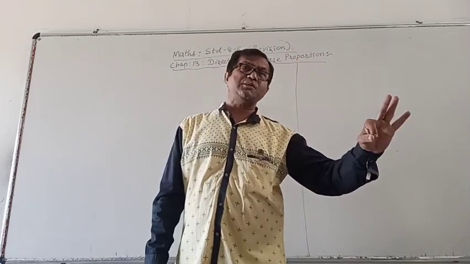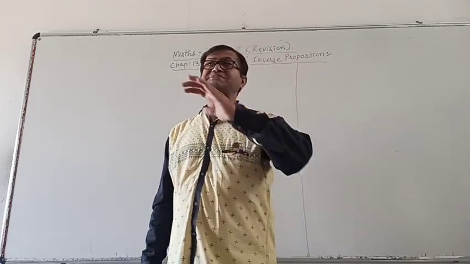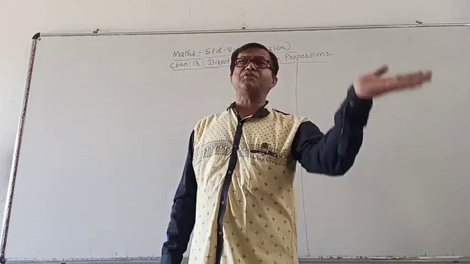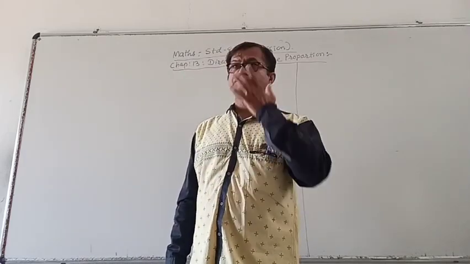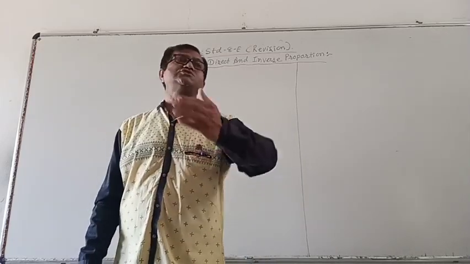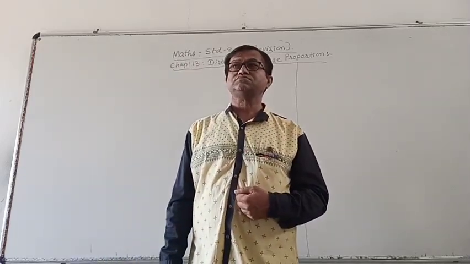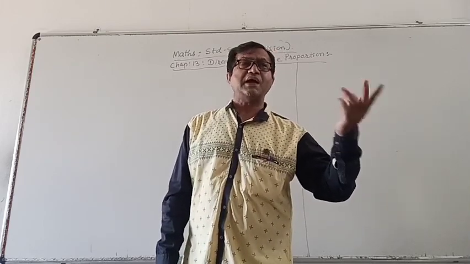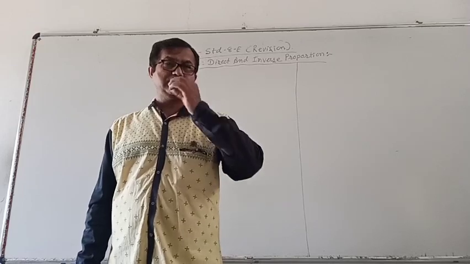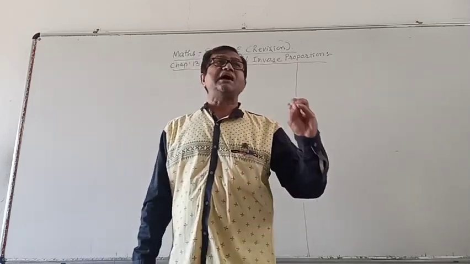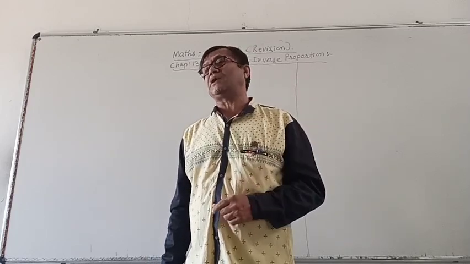If you buy 3 notebooks, you have to pay 60 rupees. So here, the number of notebooks is increasing, and at the same time, the total cost is also increasing. Then we can say that the number of books and the total cost have a direct proportion between them.